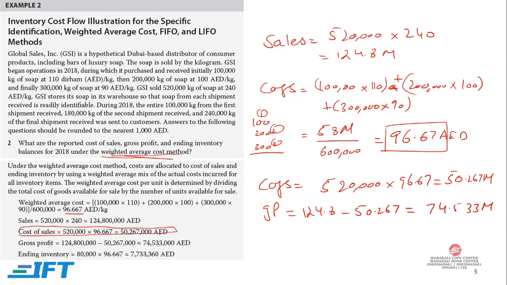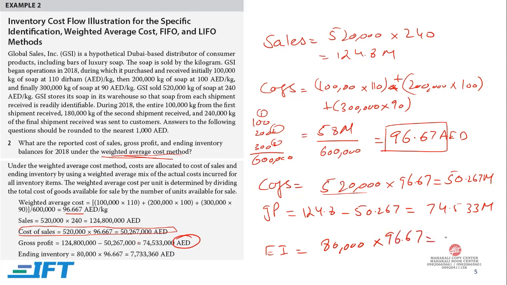74.533 million dirham. Ending inventory would be, now out of total 600,000 kilogram, how much we have sold? 520. So we are left with 80,000, and each kilogram is worth 96.67.